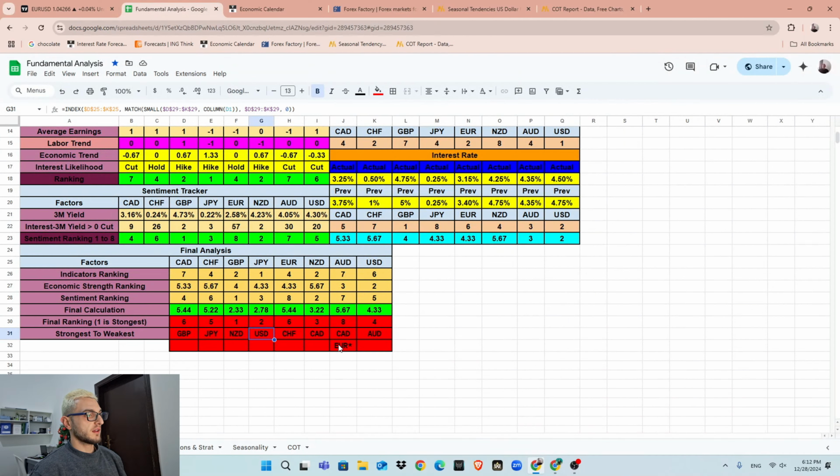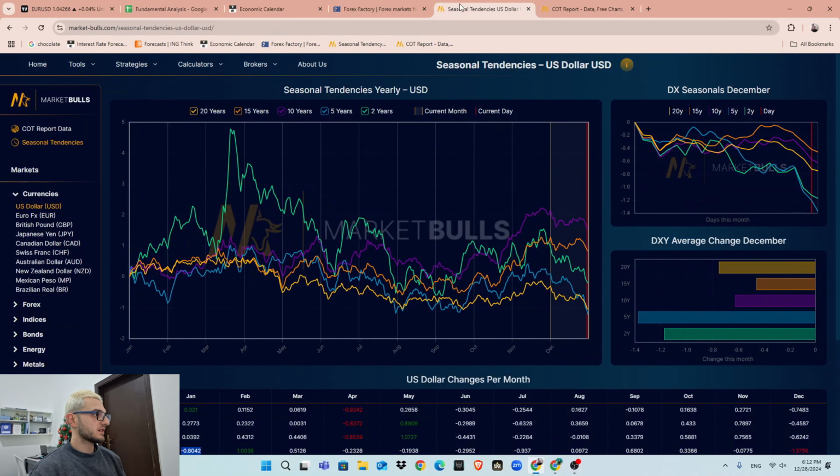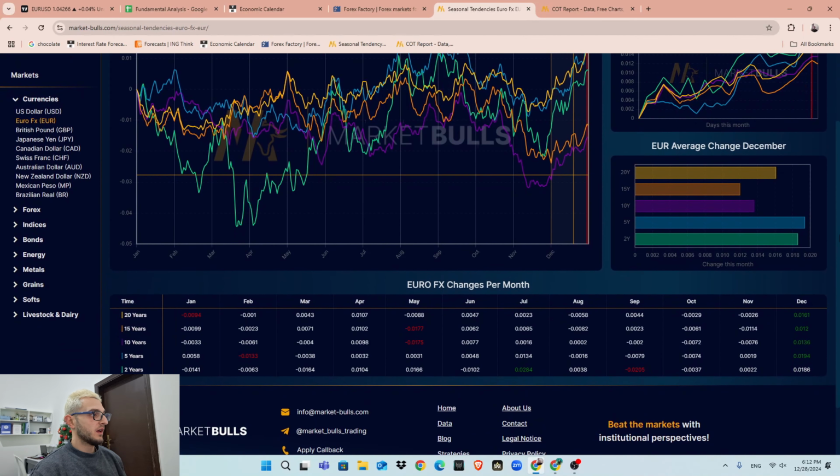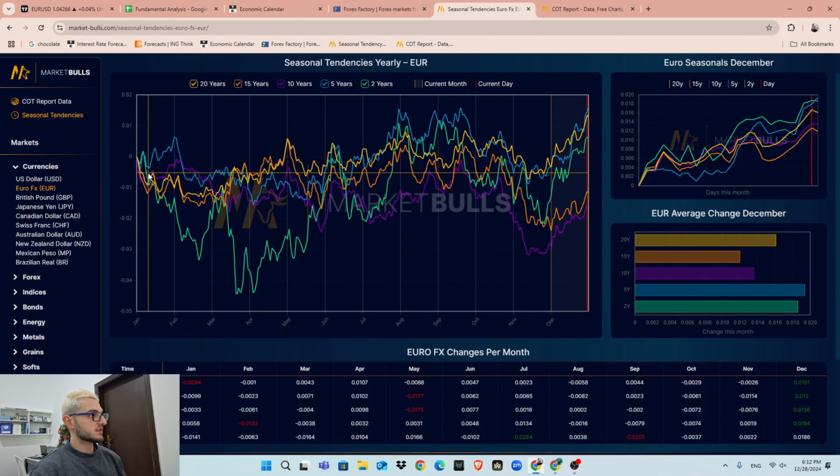Let's take another example, like the euro or the Australian dollar. So I come to the seasonality, I go to the Euro FX, and I go down. In January, based on recent trends, there is a probability that the euro will depreciate, even if we go and see the charts from January till February.